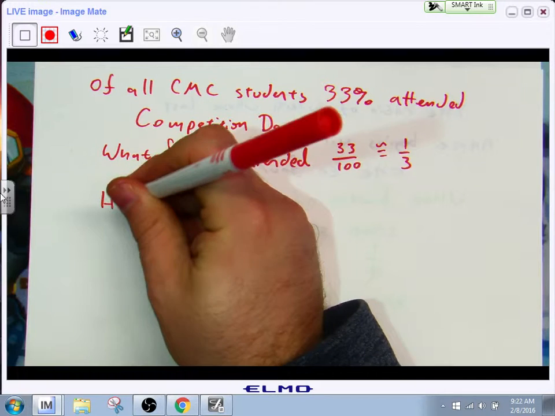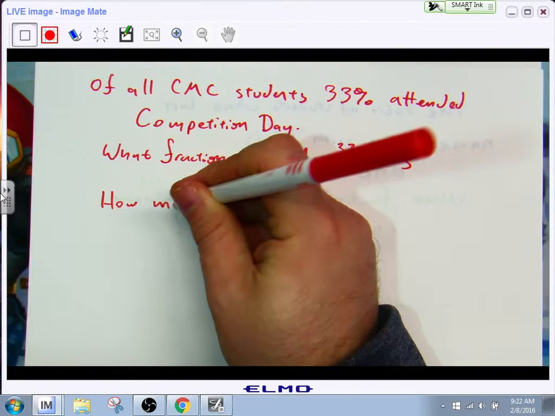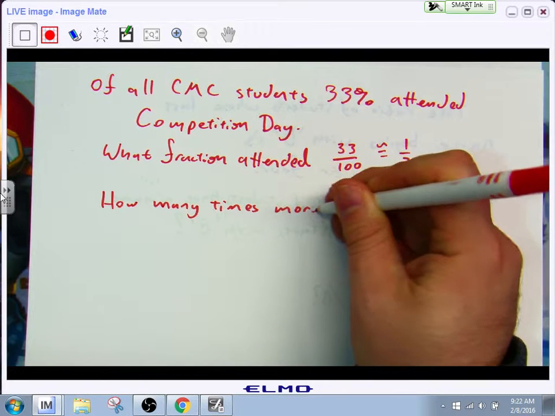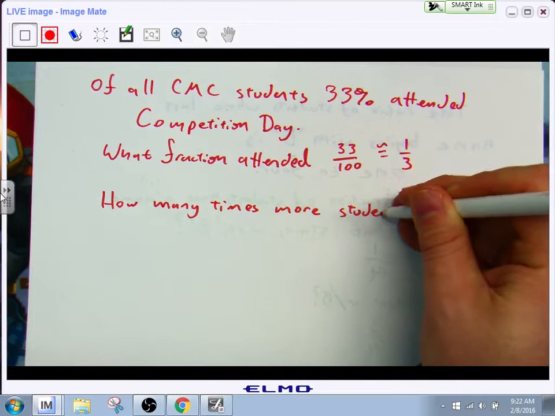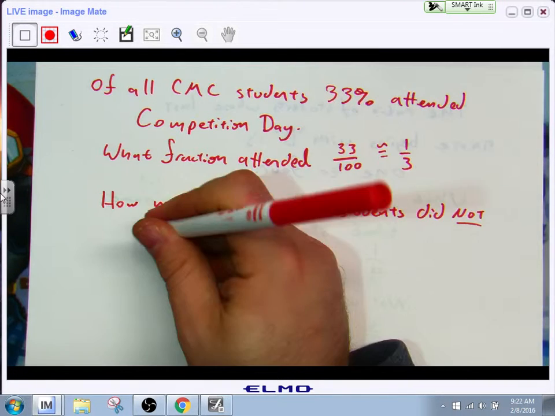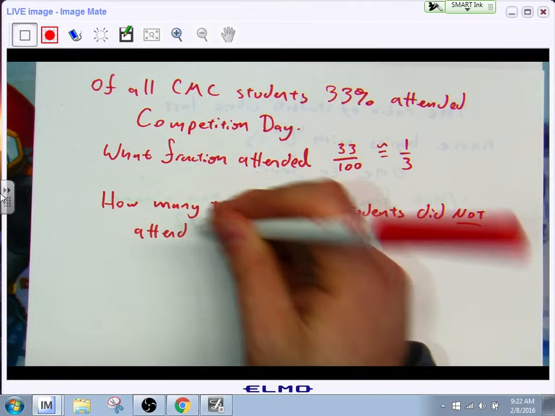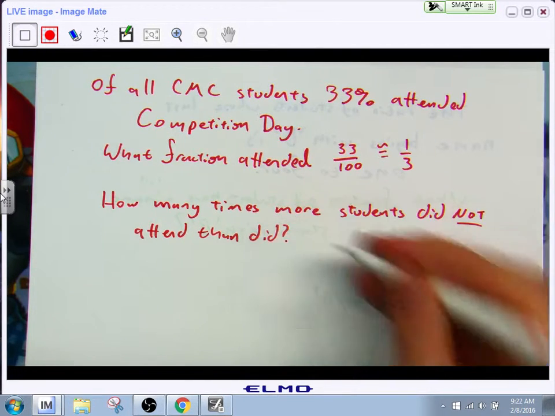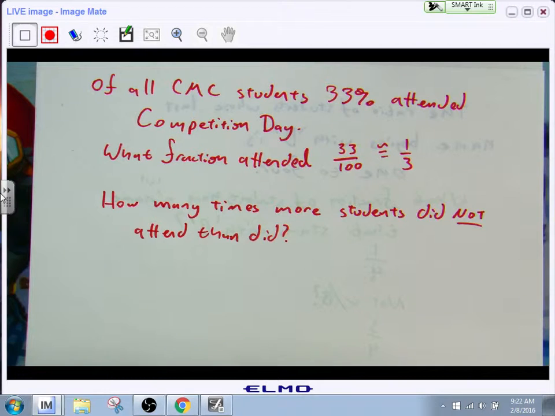How many times more students did not attend than did?